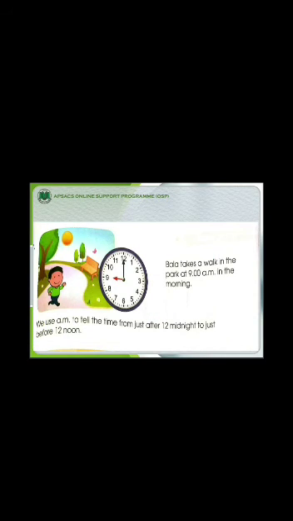Also remember that we use AM to tell the time just after 12 midnight to just before 12 noon. Bala takes a walk in the park at 9 in the morning. So here the time is 9 AM.